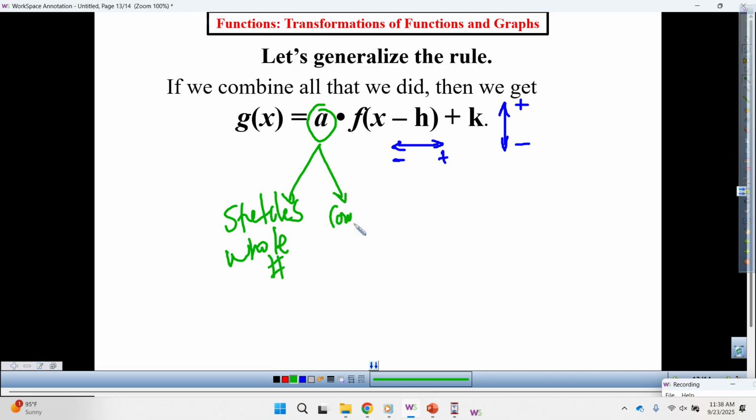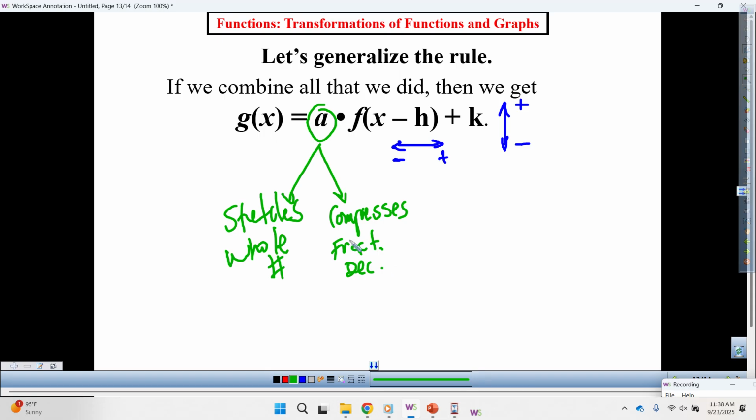Or it compresses, if it's a fraction or decimal. All right, so far so good. How we doing? From 1 to 5, how are you with the 3 parameters so far? Okay, we're getting there.